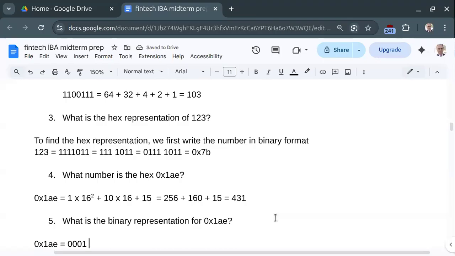Your A, which is 10, you just need to write 10 as a four binary digit, which is basically 8 plus 2. That's your 10. And E, which is 15, which is basically 8 plus 4 plus 2 plus 1. That's the biggest number you can represent as a binary four digit.